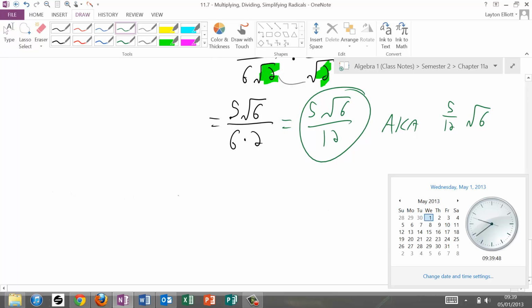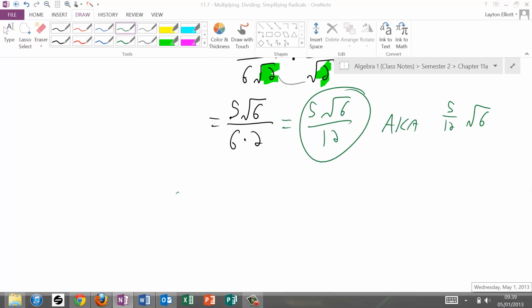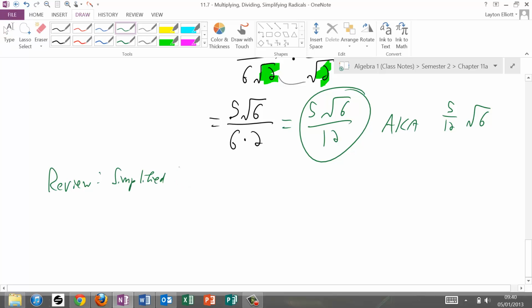So to give us a little bit of a review of stuff we did before, we want to review what a simplified radical is, because you're going to see simplified radicals a lot now. All radicals must be simplified. 3 rules. Number 1, no radicand, the thing under the radical, with a perfect square factor.